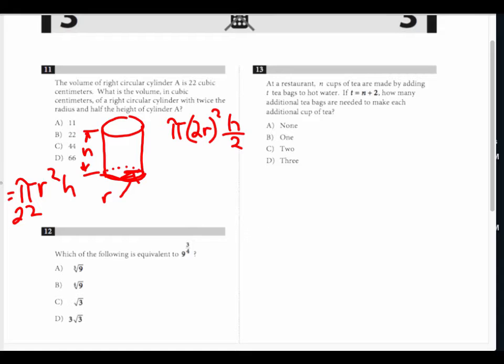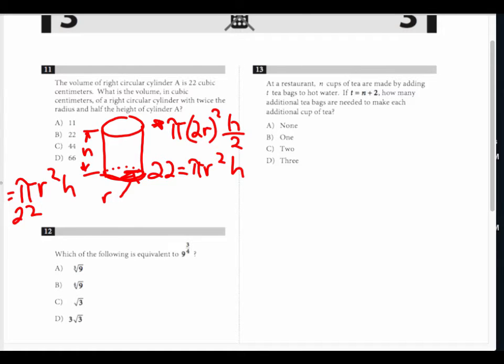This is where I want it to look like when I'm done. So I'm going to take the original, which is 22, and then pi times 2r squared. I got to make it look like that. So I'm going to start with the original equation, r squared times h.